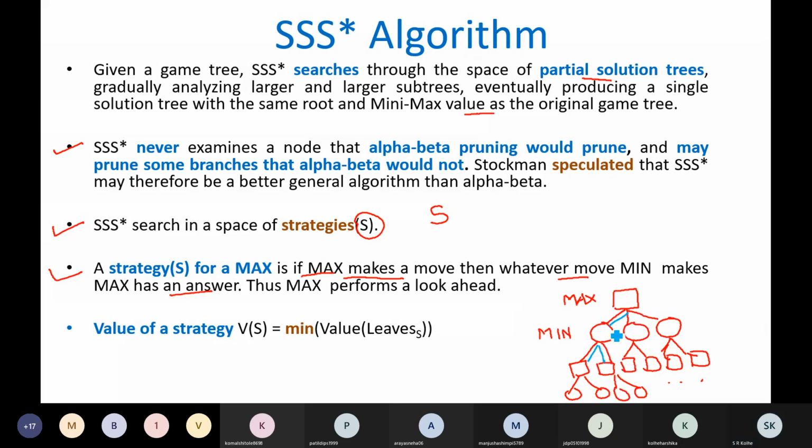So if max makes the maximum one, the utility value, if it is a max value, maximum value, then the corresponding move max makes.